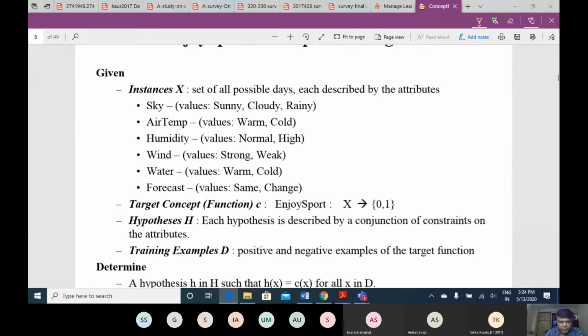So this is, for example, the problem. We have instances based on sky, air temp, humidity, wind, water, forecast, and for each feature we have specified the possible values also: sunny, cloudy, rainy, warm, cool. Your target is some concept C, for which we already have a set of examples, as in the table we have seen earlier.